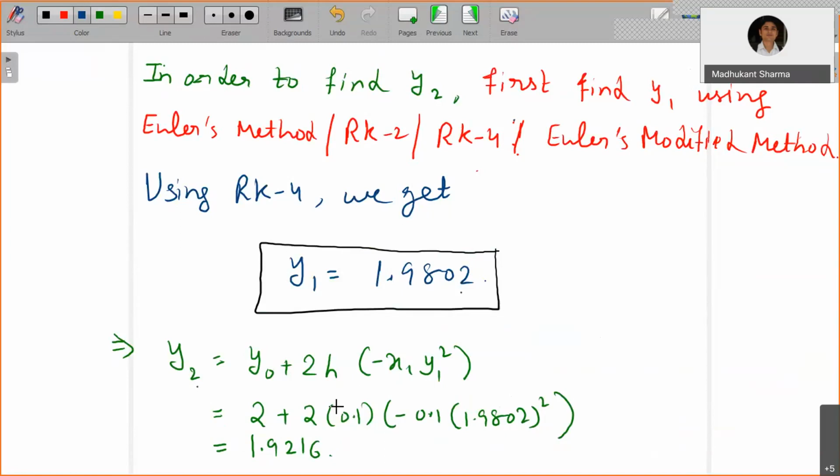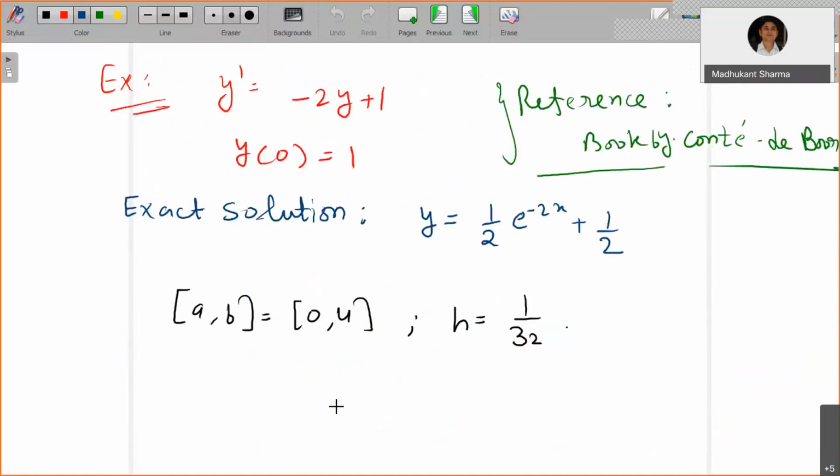Let's see one example: y dash equals minus 2y plus 1 with initial value y at 0 equals 1. Its exact solution can be obtained as this is a standard linear differential equation of first order. You can find the integrating factor and write down the solution directly. The interval is considered to be [a, b] equals [0, 4].